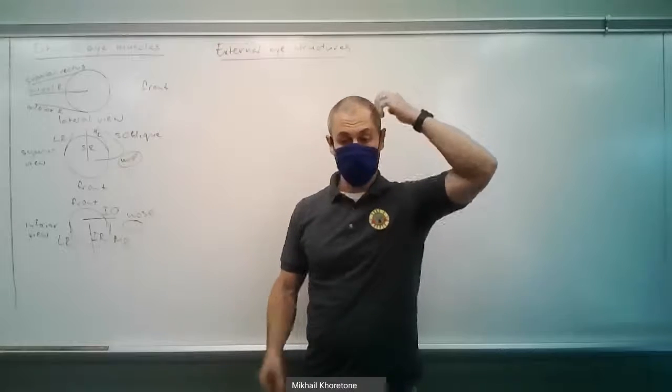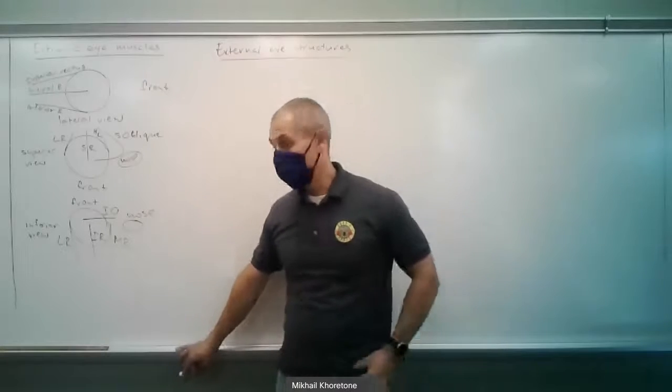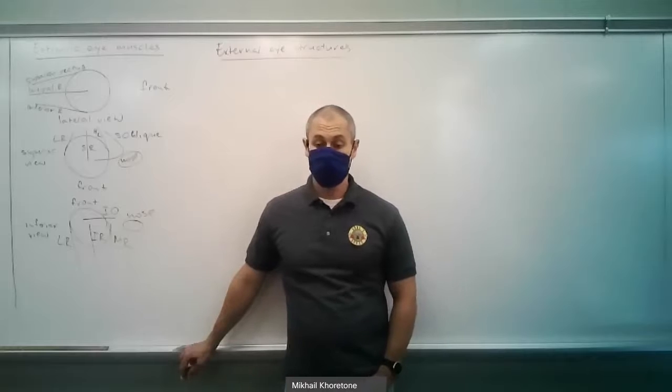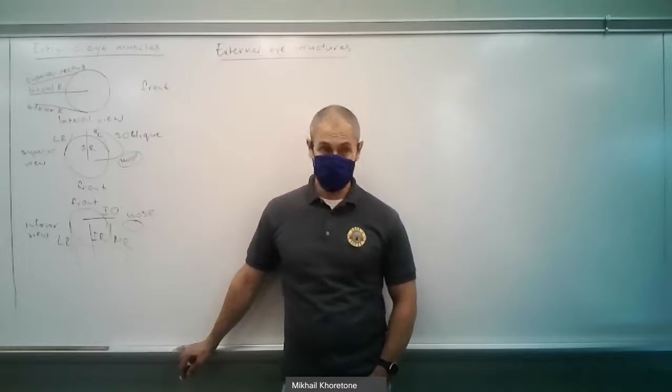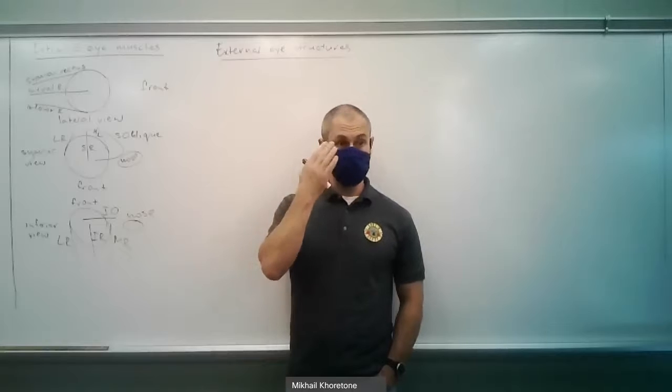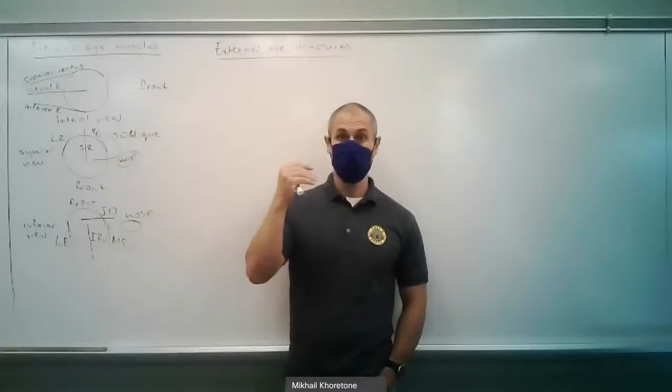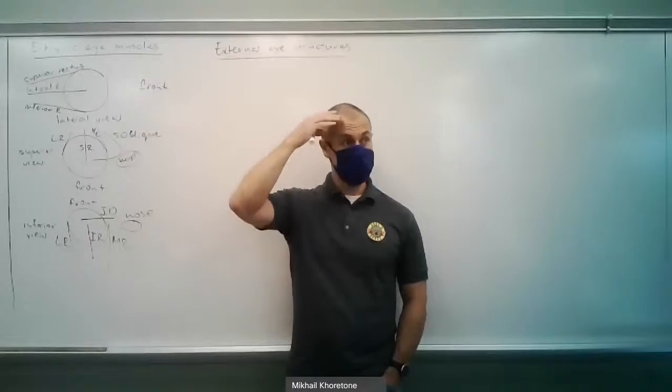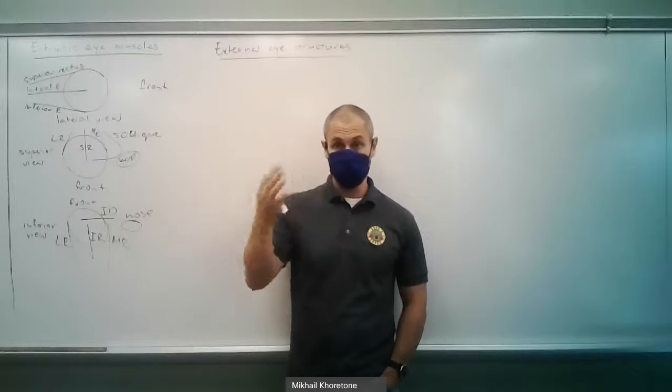Levator palpebrae elevates the eyelid. Eyelashes have a sensory function: when something touches the eyelashes, you're going to blink. Eyebrows prevent sweat from getting into your eye, and so on and so forth.